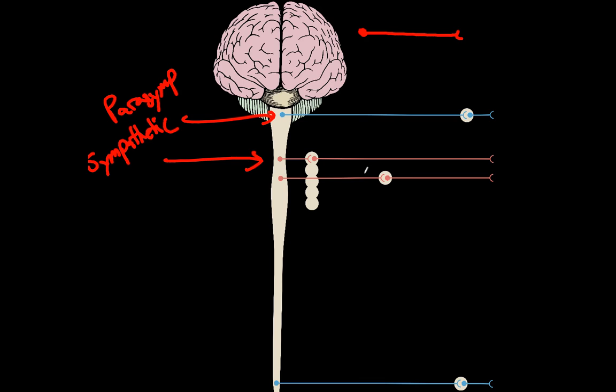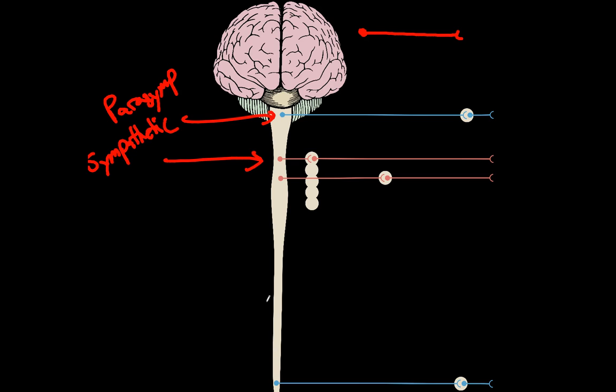One thing I also want to point out is that most of the parasympathetic nerves are going to either be departing the central nervous system up here from the lower areas of the brain, as cranial nerves, or down at the very end, the sacral nerves, the sacral end of the nerve cord. And then the sympathetic neurons are going to be departing the spinal cord through the thoracic and lumbar regions, really just the main region of the nerve cord.